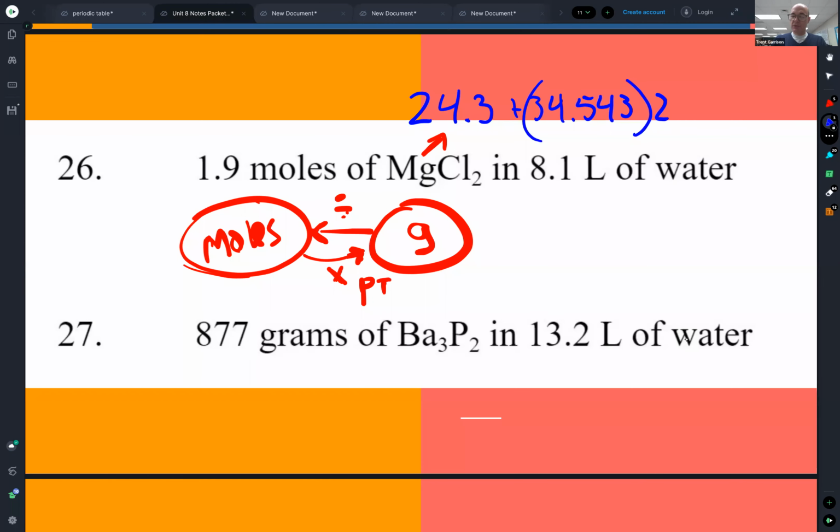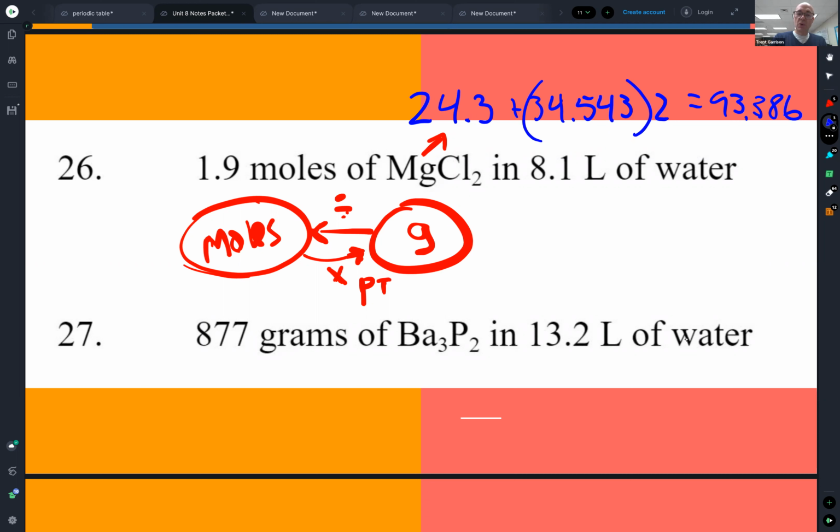So 24.3 plus 35.453 plus 35.453, and we get 95.206. Okay. So I've got my mass now and I have my number of moles.